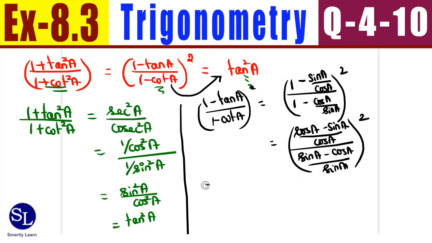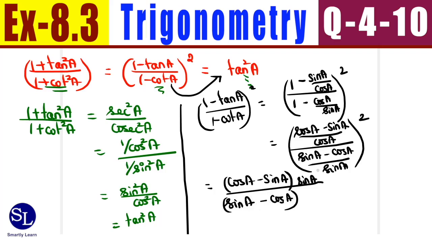Now let's rearrange this fraction. So this will become cosA minus sinA. The denominator had a sinA, which I'm bringing up. So this will become sinA, the whole thing divided by sinA minus cosA into, from the numerator, I'm bringing down the cosA here, and you still have the square retained with you.